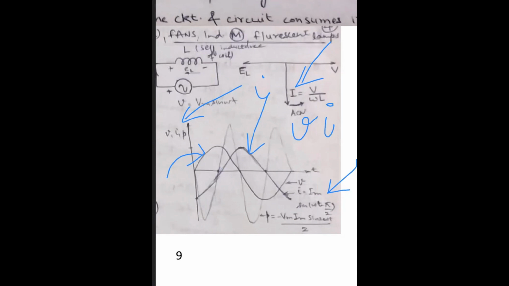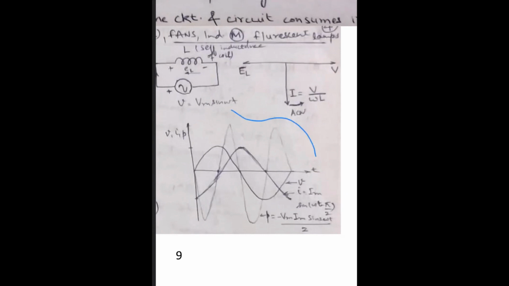Here v is Vm sin omega t, and we multiply this by Im sin(omega t minus pi by 2).